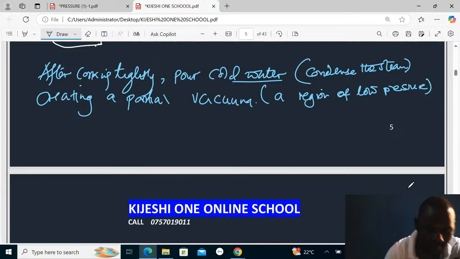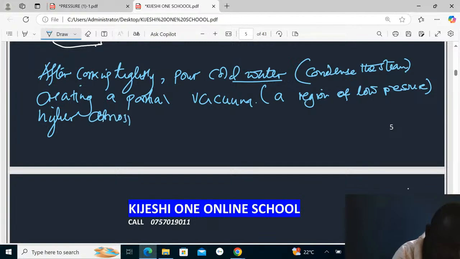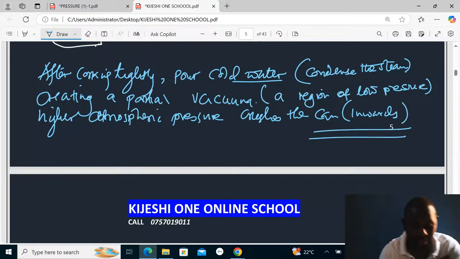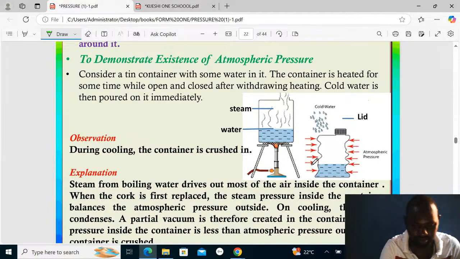Therefore, higher atmospheric pressure crushes the can inwards. And now we have fully demonstrated the atmospheric pressure. Here it is.